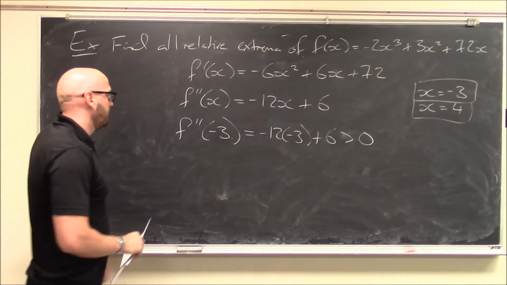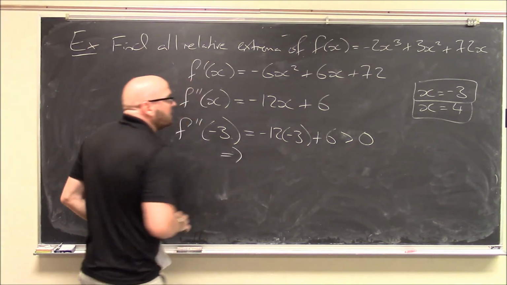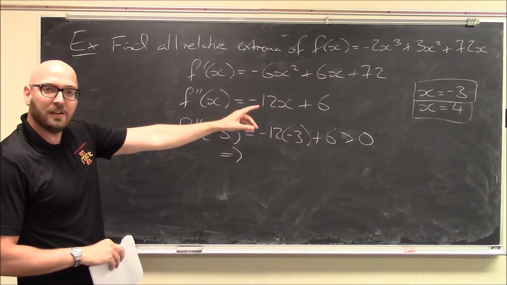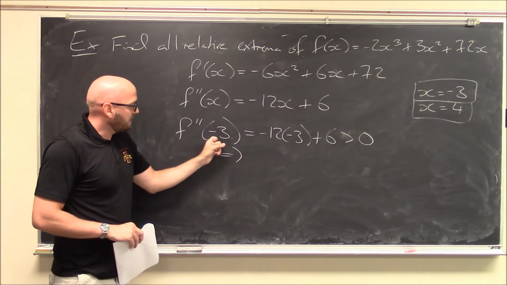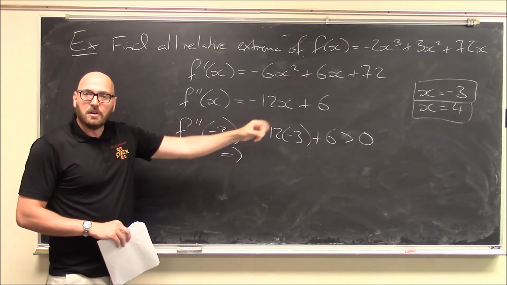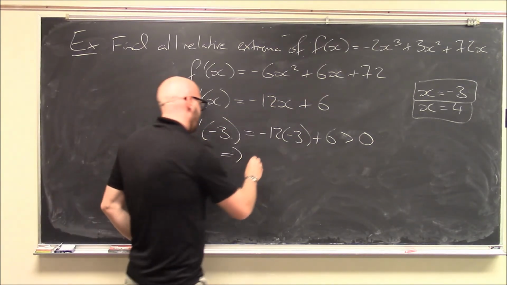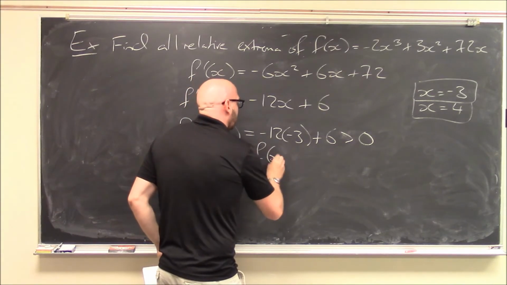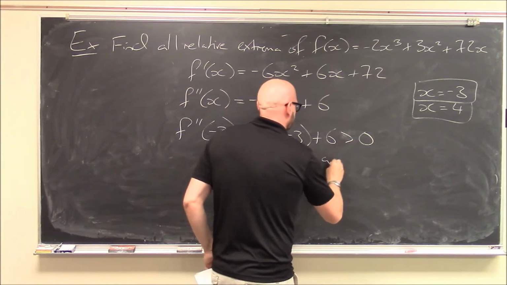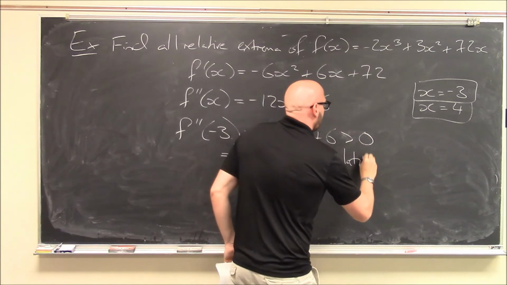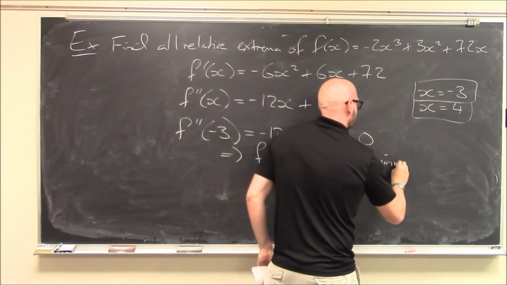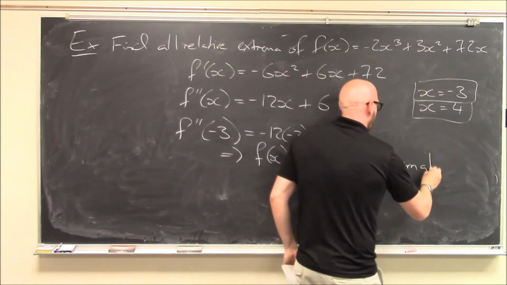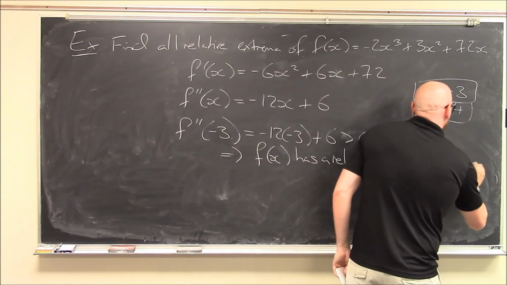But it's clearly positive. So that means that if my second derivative is positive, minus 3 corresponds to a relative minimum. And so f of x has a relative minimum at x equals minus 3.